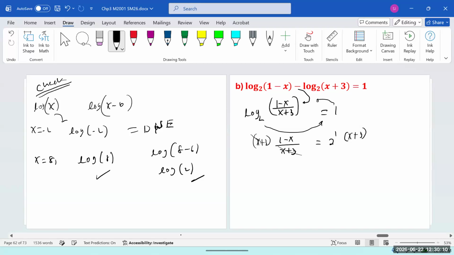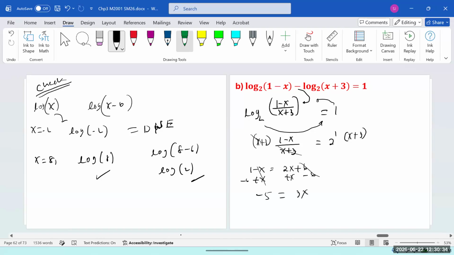X plus 3. So 1 minus x is 2x plus 6. So add x. So you can actually subtract 6. So we get 1 minus 6, negative 5, equals 3x.